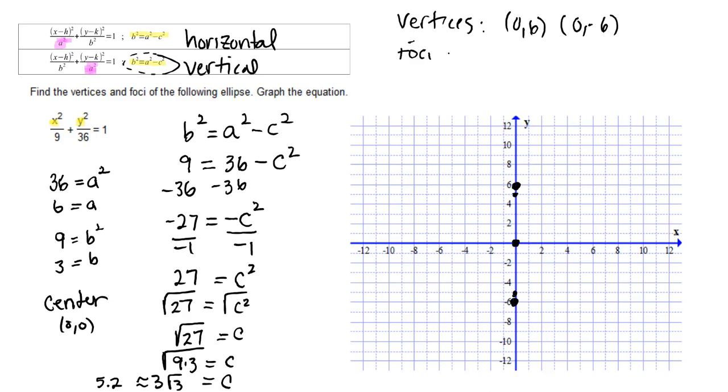So my foci will be at 0, 3 square root of 3, and 0, negative 3 square root of 3. Then I'm going to use the value of b to show how wide this ellipse is. So b is 3. So I'll go 3 units away from the center, left and right. And now I can sketch the graph of the ellipse, passing through the vertices and the minor vertices.